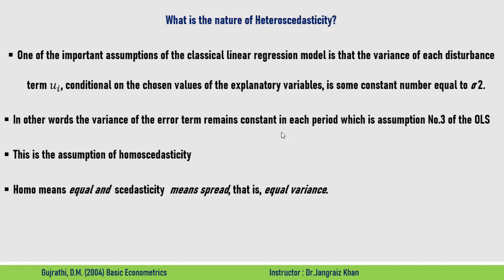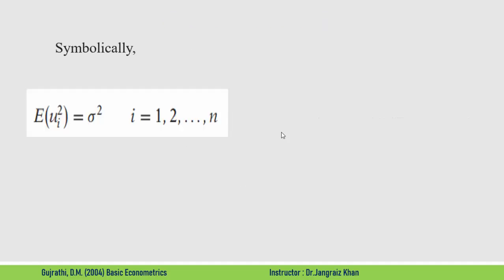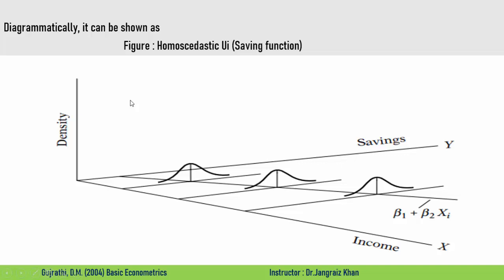So equal spread or equal variance. Symbolically, we can say that the variance of UI is equal to sigma square, which is a constant. Diagrammatically, we can show it as a saving function. We see that the variance remains constant even as income increases and saving also increases, but the variance remains constant.